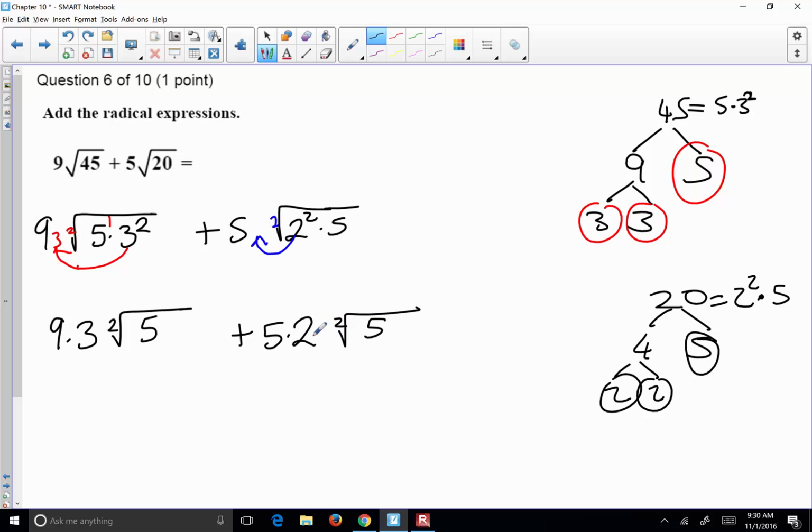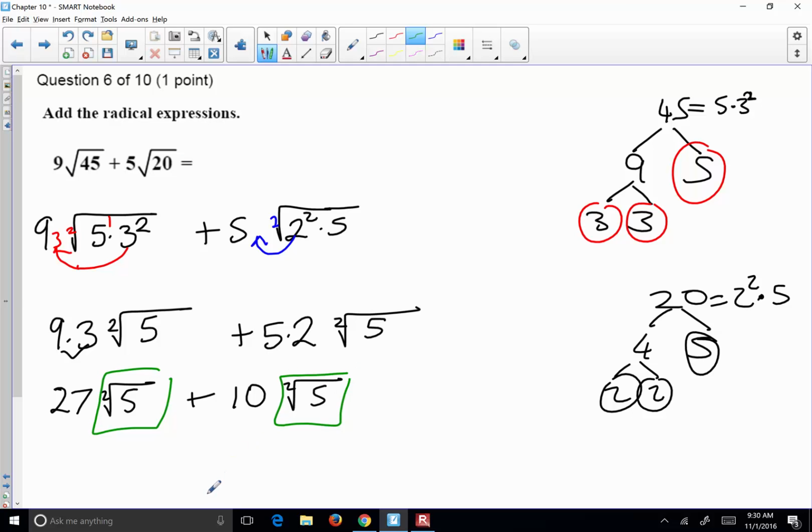Okay, and please multiply these two numbers now because they are just simple numbers. They need to be combined. It's 27 and this is 10 root 5. Compare now again, please. Earlier they were not like. Look at the new prisons now.